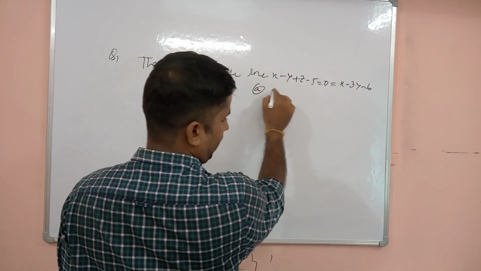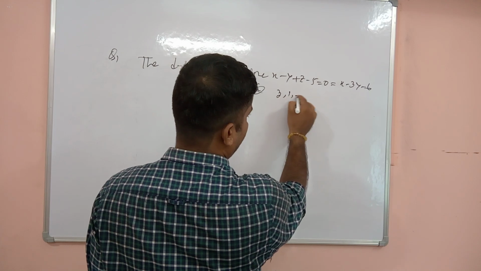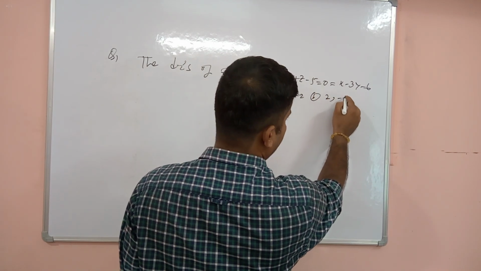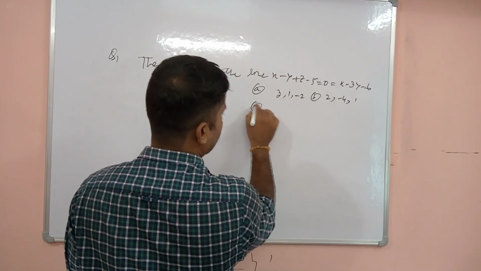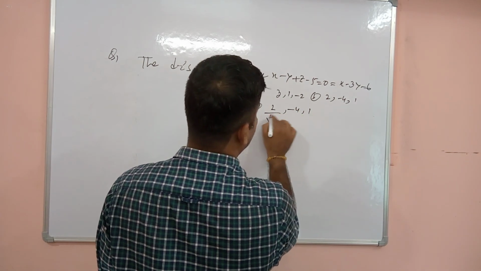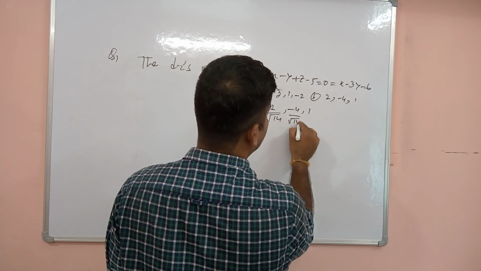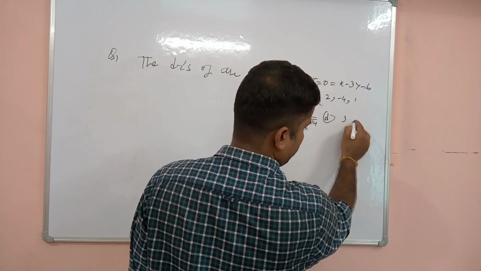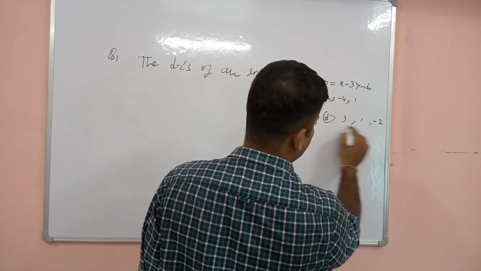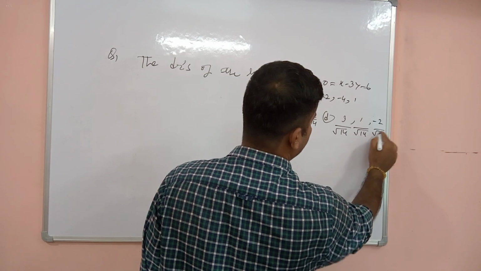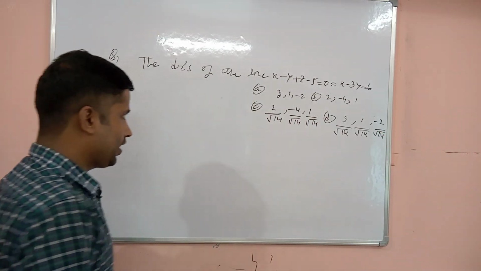Options are A: 3, 1, minus 2; B: 2, minus 4, 1; C: 2, minus 4, 1 by root 14; and D: 3, 1, minus 2 by root 14.